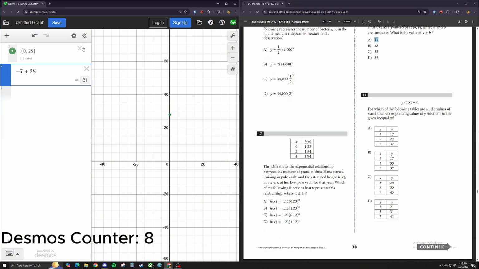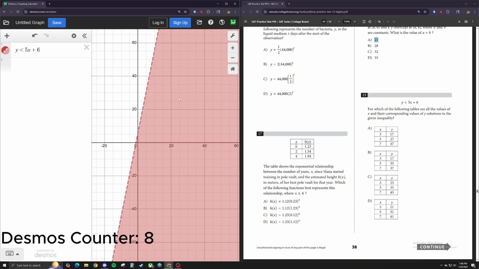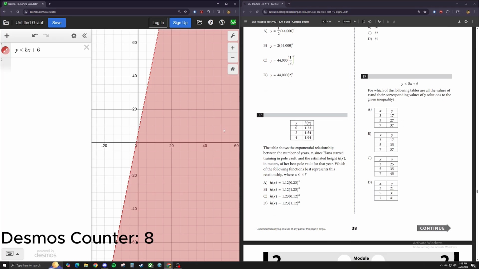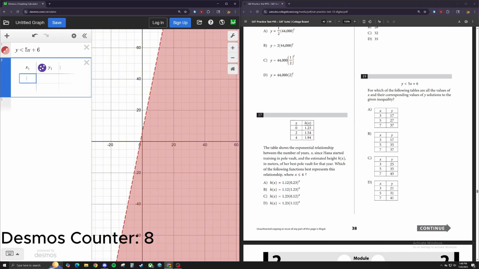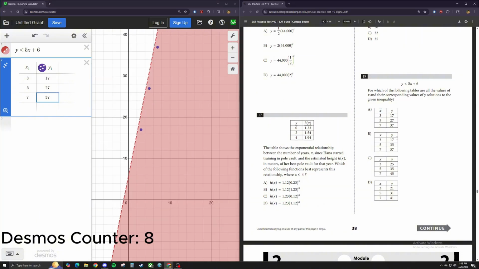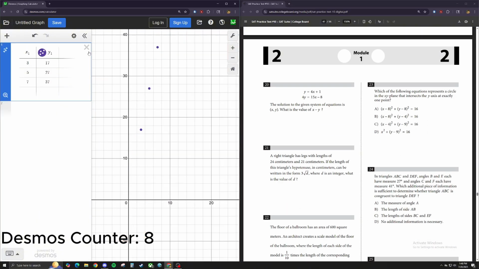For 19, which of the following tables corresponds to this inequality? Okay, you could just type in this inequality, and then anything within the shaded region will match. You could type in a table and brute force all of these in here too, and say, okay, everything's in here. So the first answer is A. And again, another system of equations.